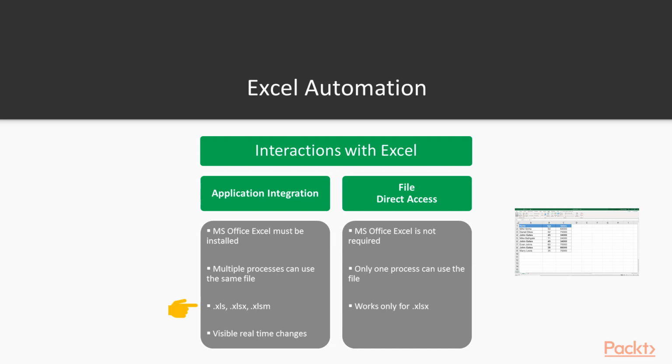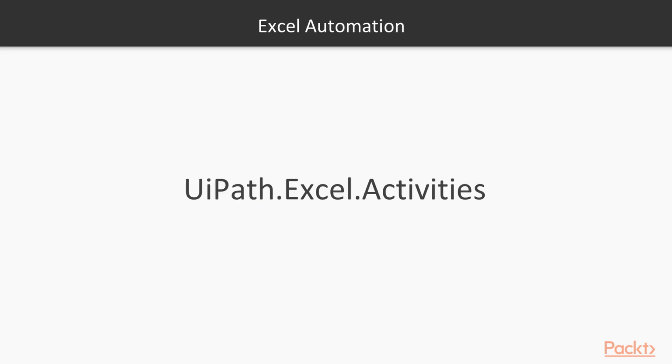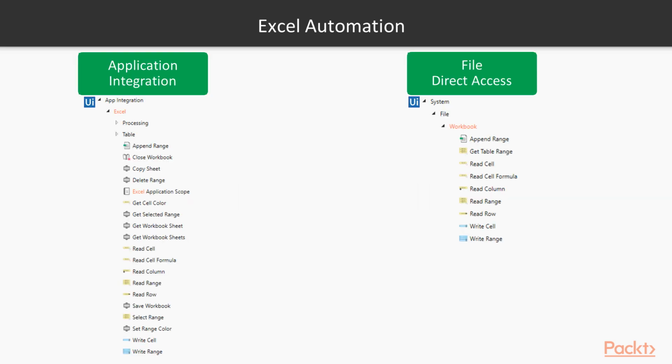You will be able to see changes happening in real time in Excel with application integration. The package that provides Excel activities is uipath.excel.activities. There are two sets of UiPath activities.